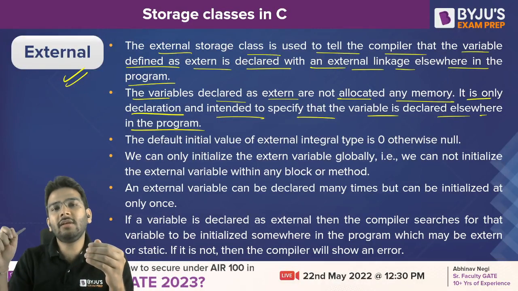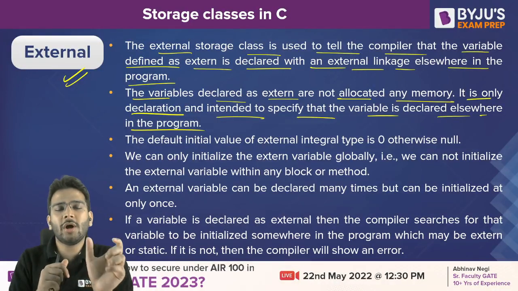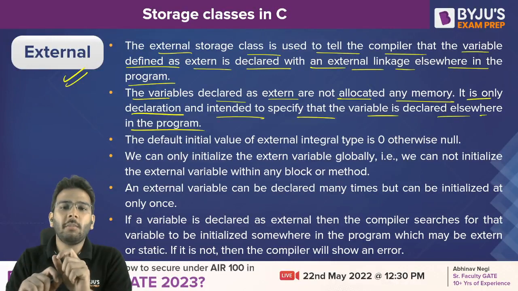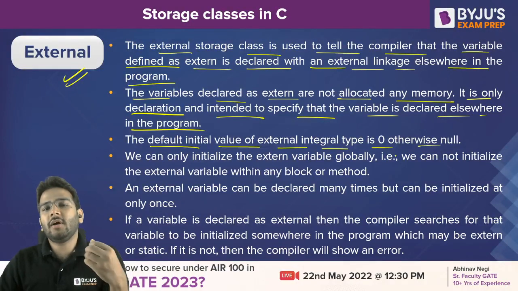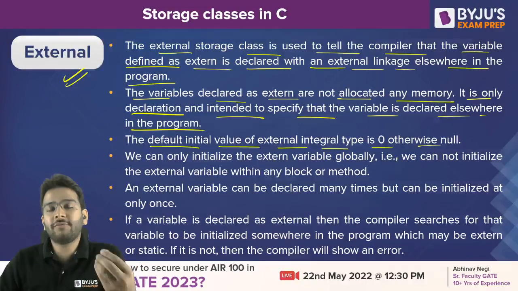Okay, and then the memory will be allocated, not just by writing extern int a. Memory will not be allocated. The third point is the default initial value of an extern integral type is 0. Okay, it is not going to have a garbage value, it is going to have 0.